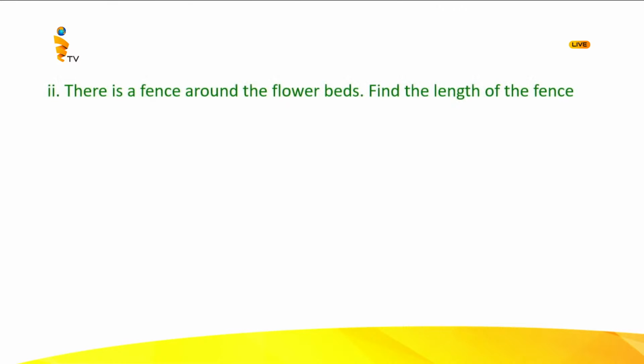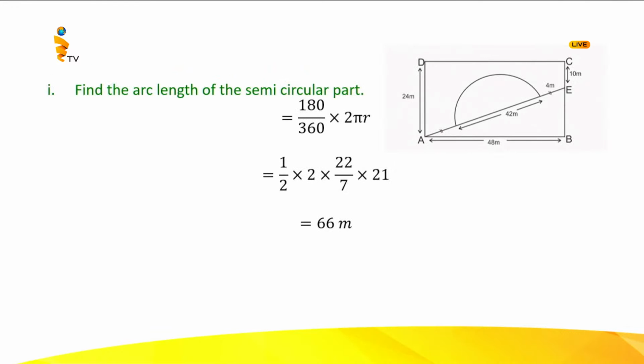The second part: there is a fence around the flower beds. Find the length of the fence. If you look at the diagram, you can see the flower beds are the semicircular part and the triangular part. So to find the perimeter, you have to add the distances along this flower bed.